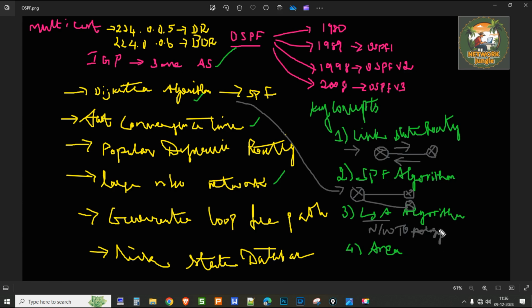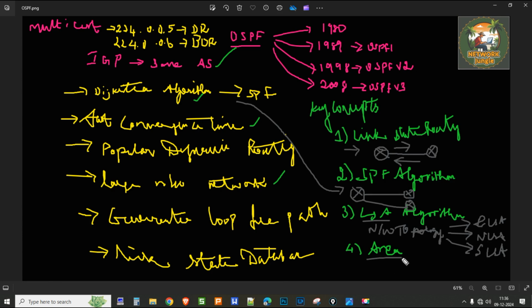It has different types of LSA: router LSA, which we can see in detail in an upcoming video, then network LSA, and the third one is summary LSA. It's everything about the topology networks.